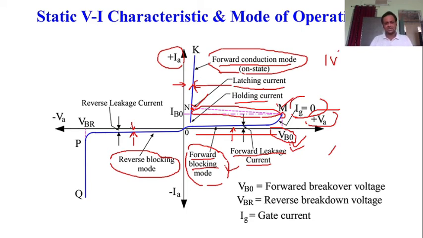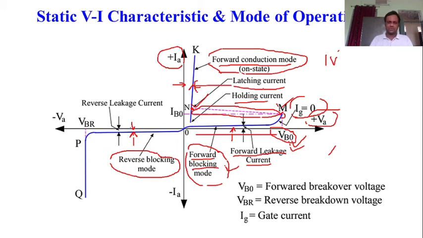Considering the other side, the holding current is related to the turn off of a thyristor. Your thyristor can be turned off if your anode current is made below the holding current.